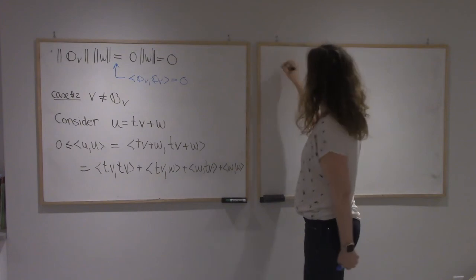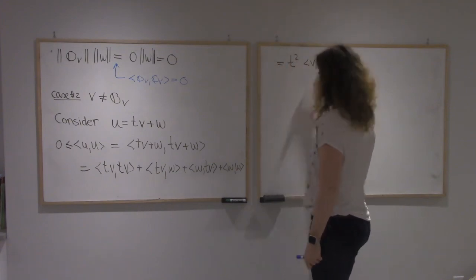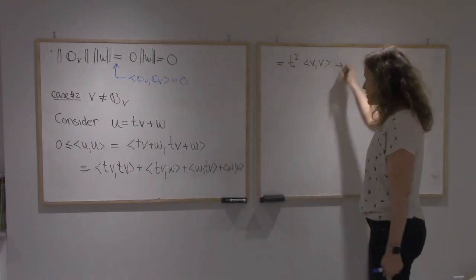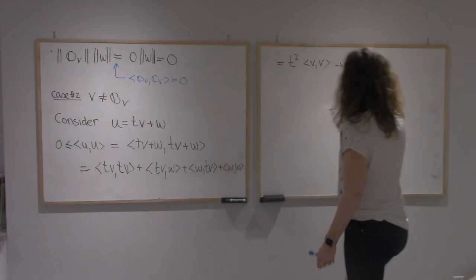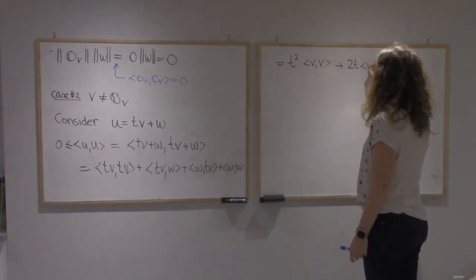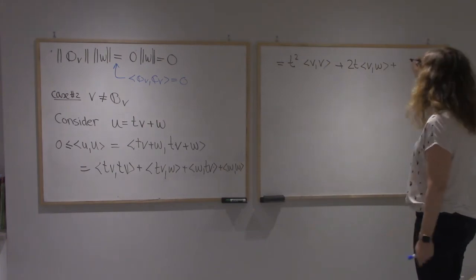I'm going to take the T out, so I get T squared ⟨v, v⟩. The middle terms are equal because I can switch the order, so I get 2T ⟨v, w⟩, and then just ⟨w, w⟩.